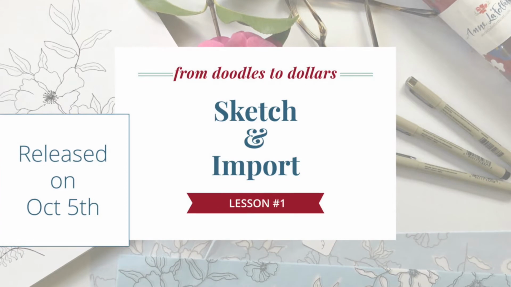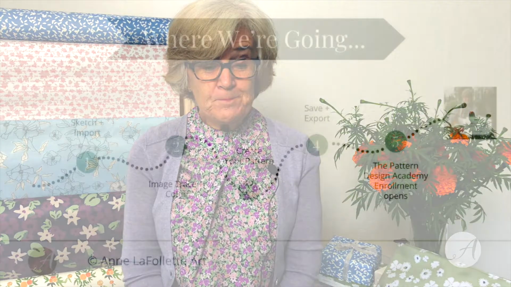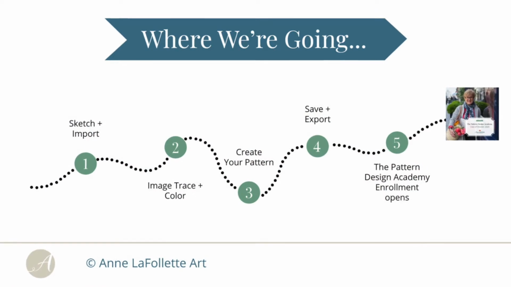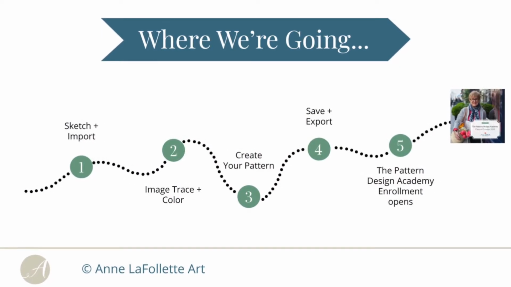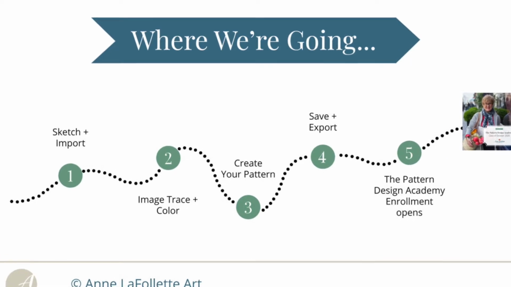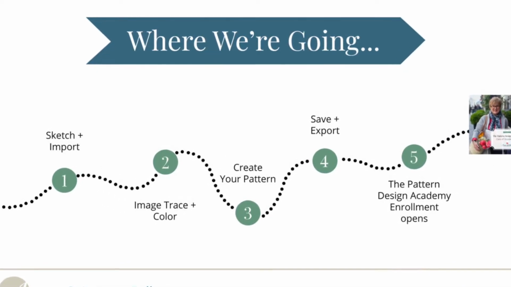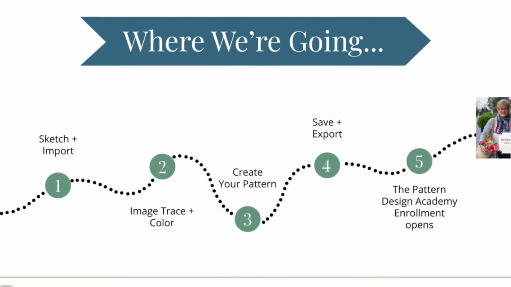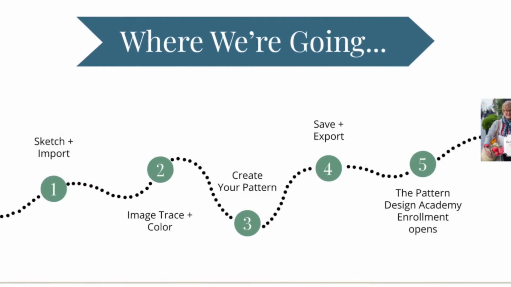We'll create your pattern together in step number 3. And then you'll save and export your work so that you can actually import it into print-on-demand sites and a variety of different other resources that I will share with you so that you can actually turn it into a real product.